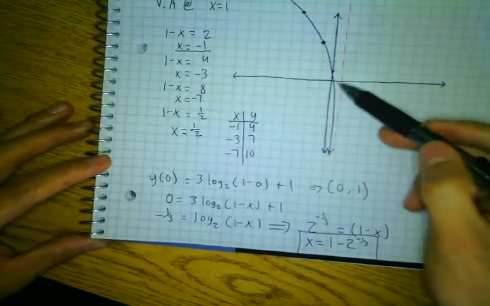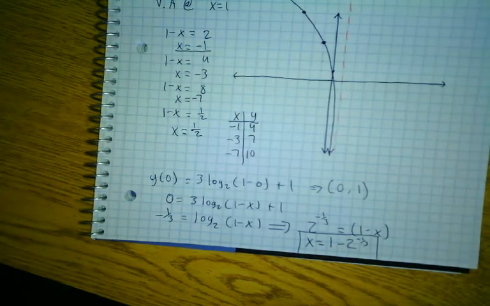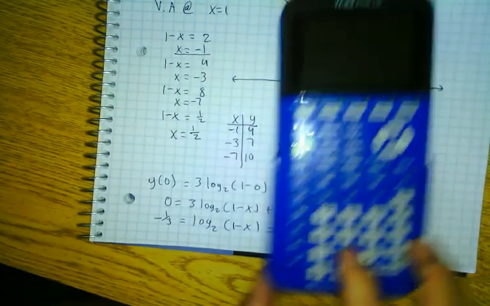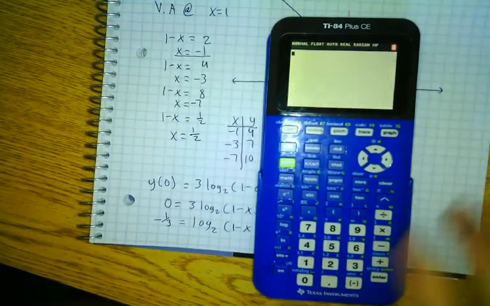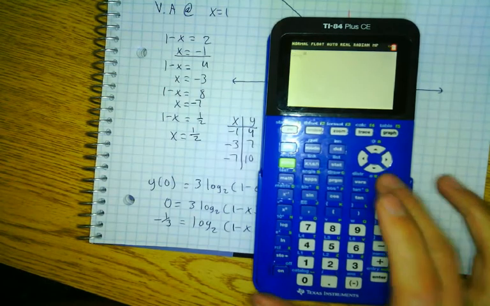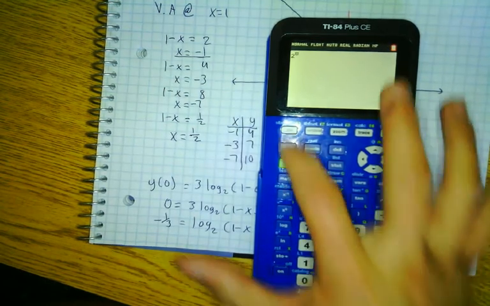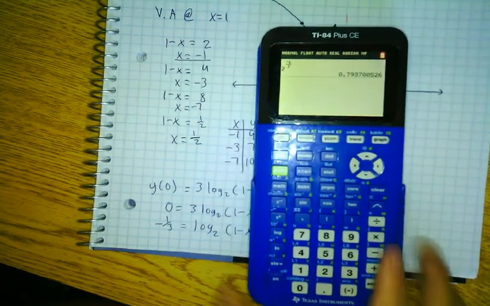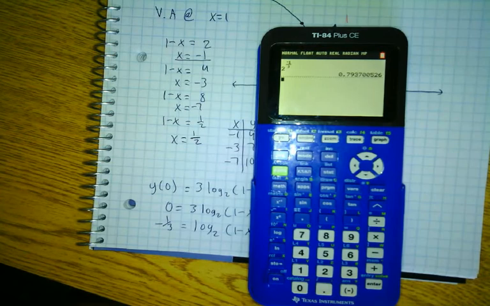Well, you kind of technically did. It's just not in the exact location per se. No idea. I mean, I can try. Let's see. 2 to the power of negative 1 over 3. There you go. 0.7. I was never going to get that.